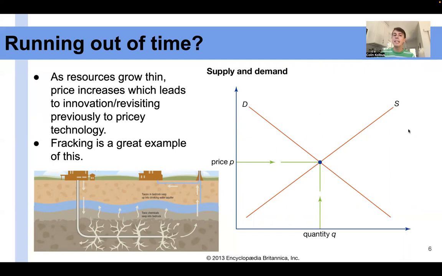And so this leads to innovation and revisiting technology that was potentially deemed too pricey in the past. Also, other technological advancements may allow you to revisit mining and chemical reactions that were previously too energy intensive.